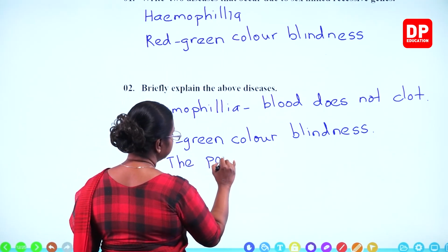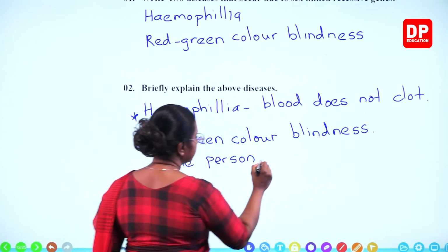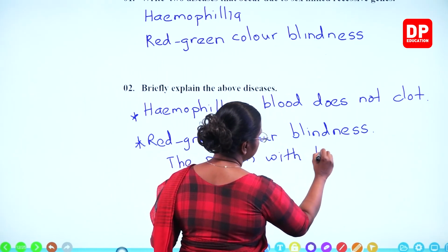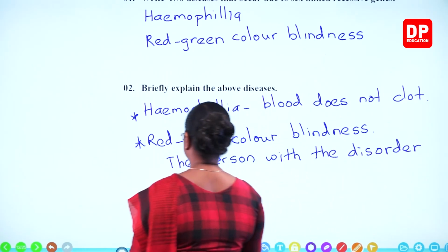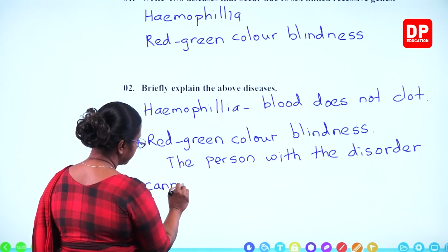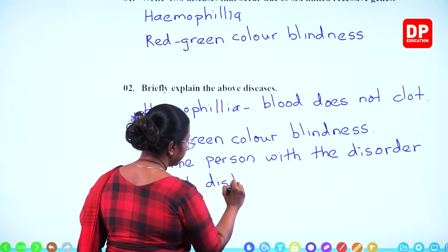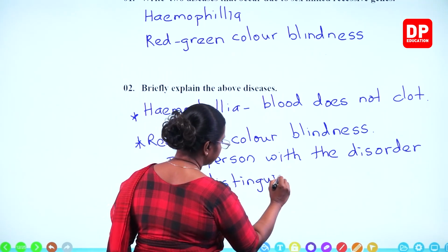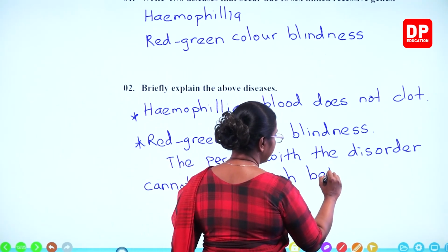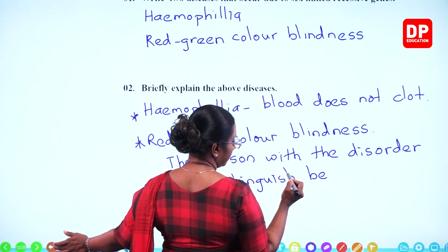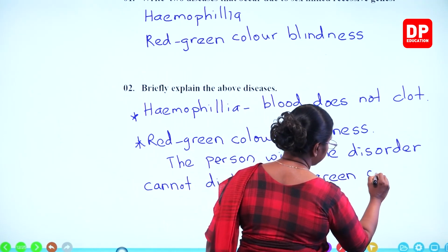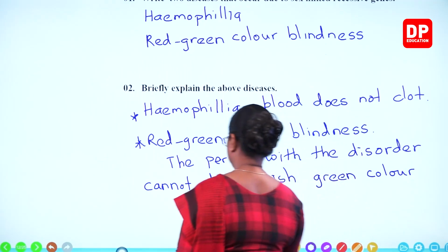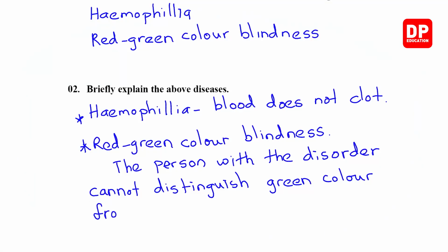The person with the disorder cannot distinguish between, or we can say distinguish, green color from red color.